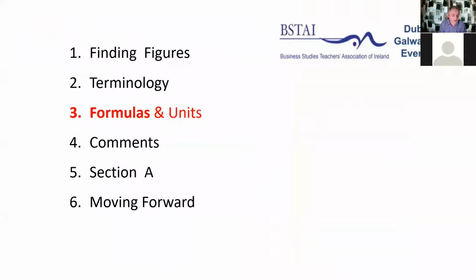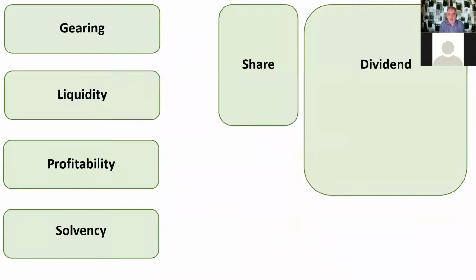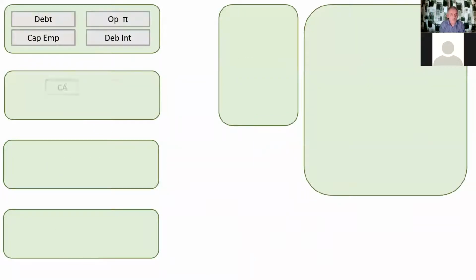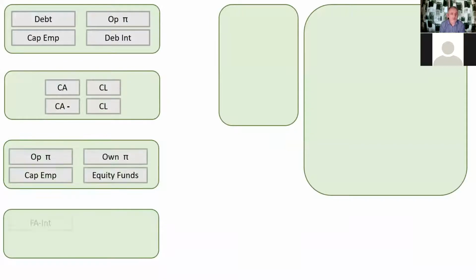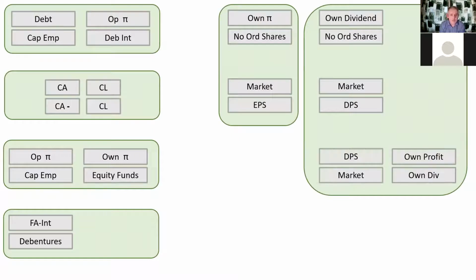Okay, in terms of formulas and units, these are the areas we have to comment on. Now, bear with me if you don't mind, please, because it doesn't come across straight away what I'm trying to do here.